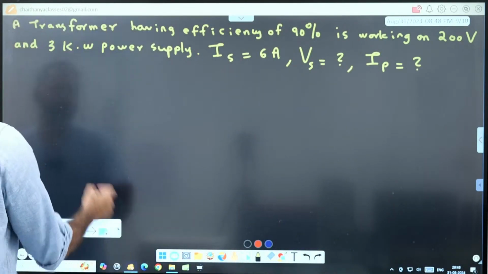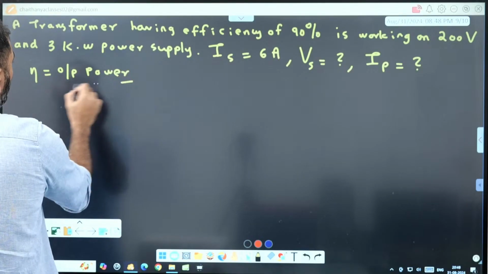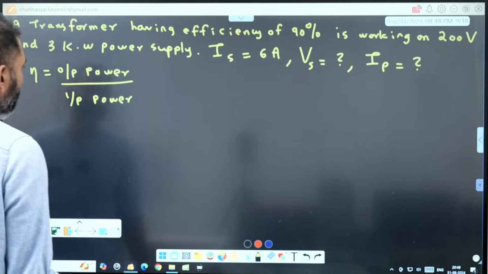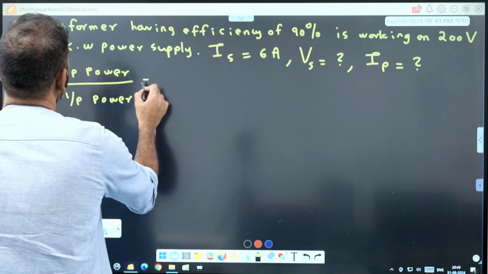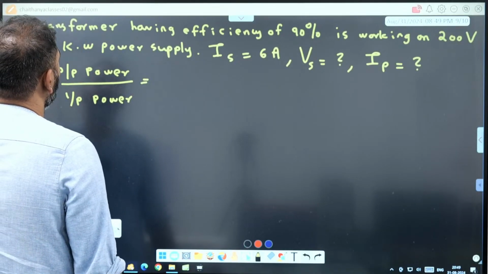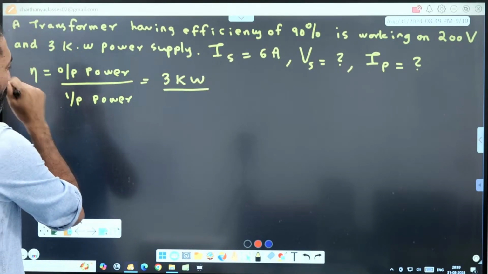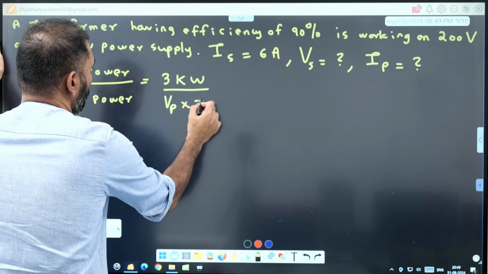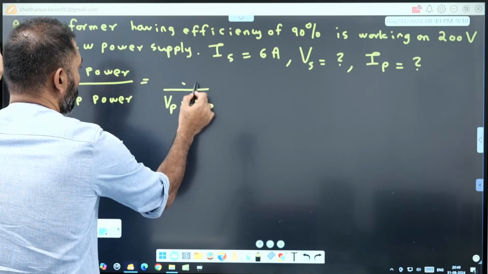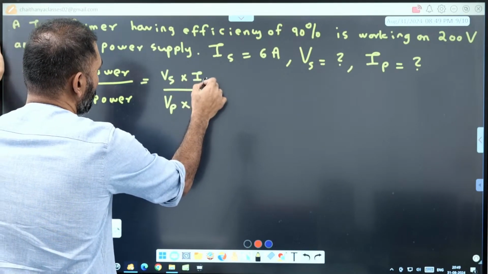So what are the data? Efficiency eta is equal to output power divided by input power. Here output power is not equal to input power because efficiency is not 100%. Output power is what? Working on 200 volt and 3 kilowatt power supply, so output power is 3 kilowatt. Input power is Vp into Ip, so eta is Vs into Is divided by Vp into Ip.